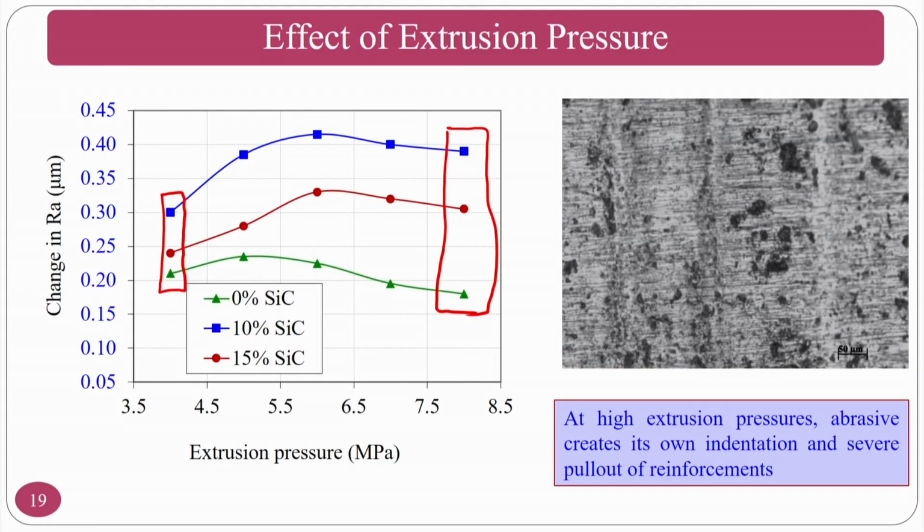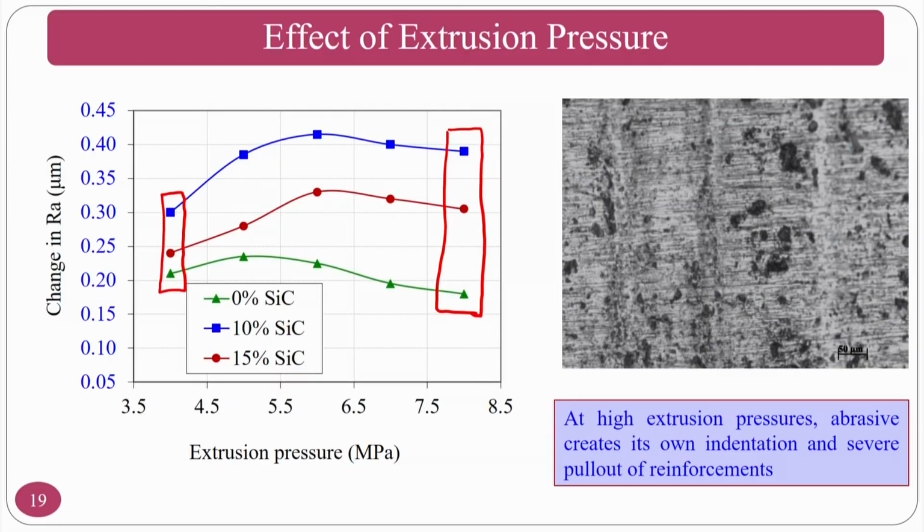If you see the research papers, what they clearly conveyed is that at higher extrusion pressure, the force ratio will be high. The force ratio means the FR to FA ratio. That means your radial force will be dominating compared to your axial force. In those circumstances, the indentation will be high because your radial force is high. So the indents will be generated on the workpiece surface.